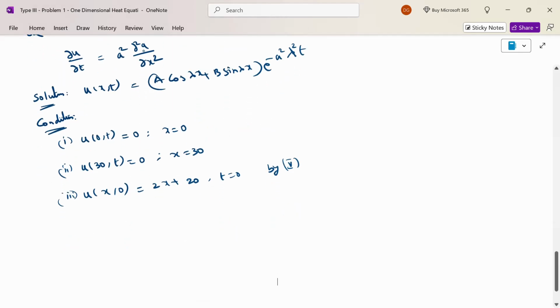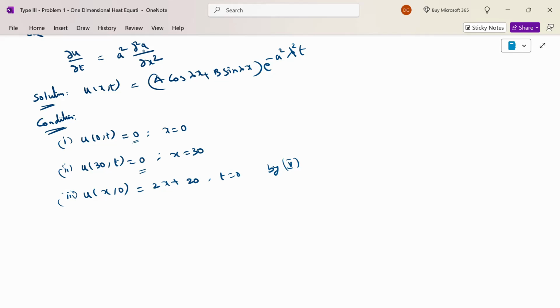So now what are the changes? Generally, if u(0,t) equals 0 and u(30,t) equals 0, then as usual we use condition 1 in equation 1 to find the value of a0, then the second gives the lambda value, then using half range sine series we solve for the solution. But the problem here is that u(0,t) at the end is not 0.